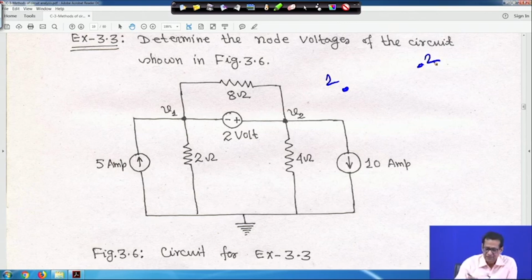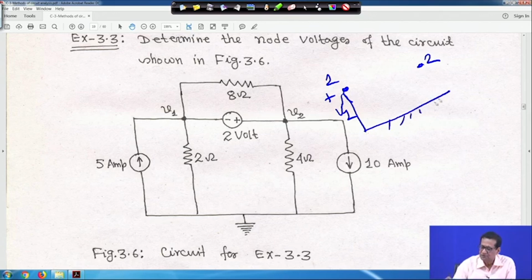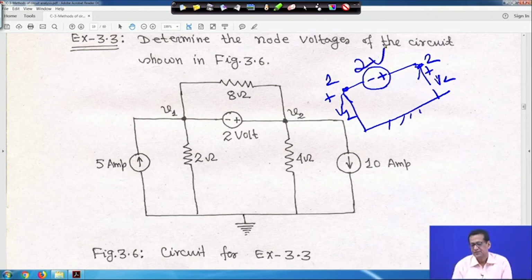Here, with respect to that reference node, this voltage is V 1 at node 1, this is your ground, and this voltage is your V 2. In between, you have this voltage source with minus and plus, and this is your 2 volt. This is node 1 and this is node 2.